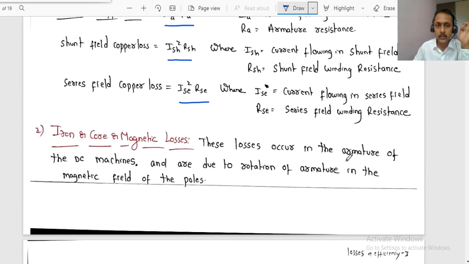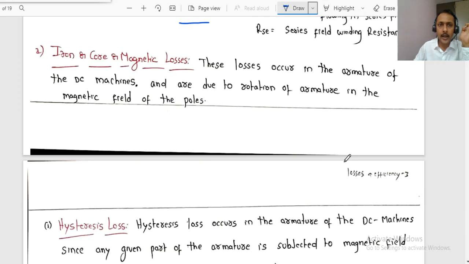Now what about the iron losses, or sometimes core losses, or magnetic losses? These are mainly due to the rotation of the armature in the presence of the magnetic field.